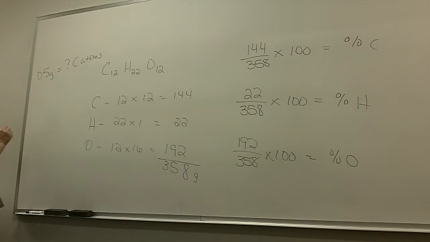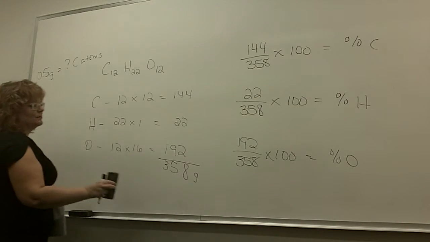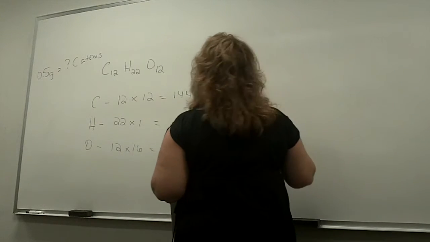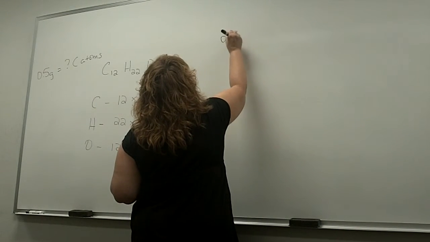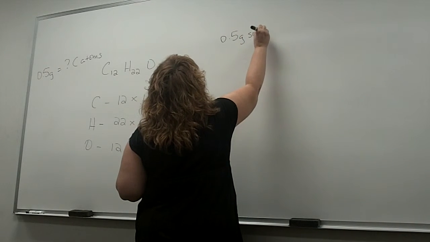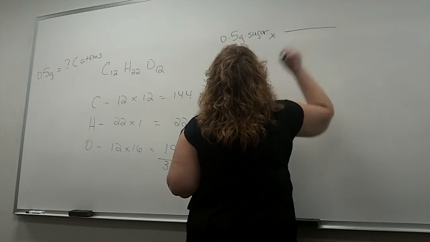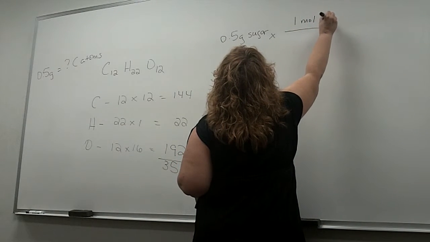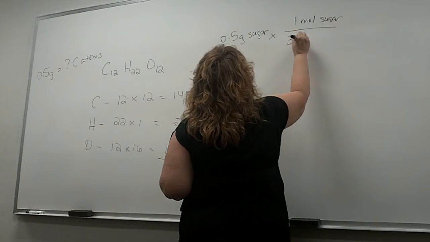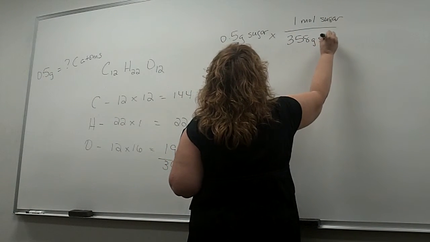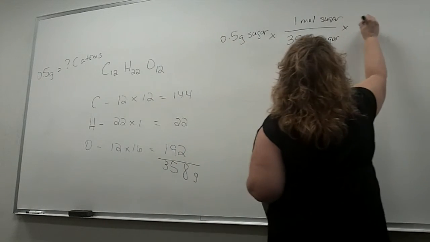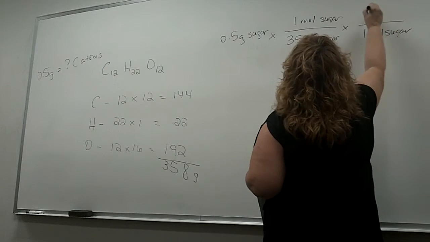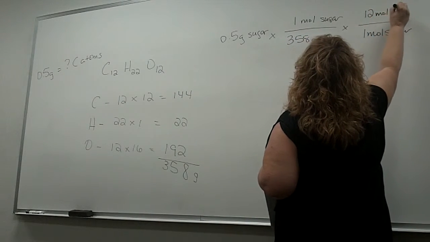So let's start off with, this is where you go into your multiple ratio and stuff like that. If I start off with 0.5 grams of sugar, 1 mole of sugar is 358 grams of sugar. And 1 mole of sugar has 12 moles of carbon.